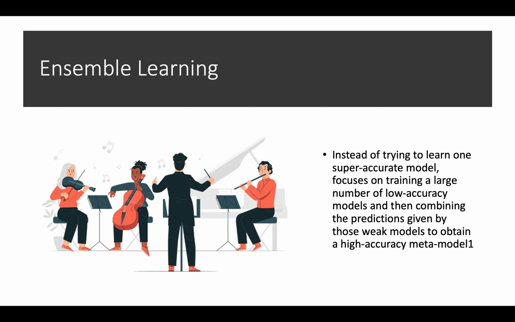But the idea behind ensemble learning is that if the trees are not identical and each tree is at least slightly better than random guessing, then we can obtain high accuracy by combining a large number of such trees. To obtain the prediction for input X, the predictions of each weak model are combined using some sort of weighted voting, and then based on that we can get a more accurate outcome.